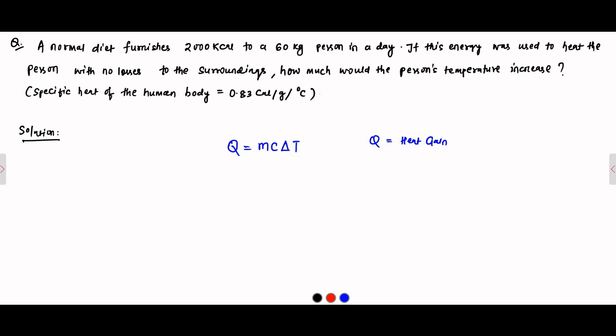Then C is the specific heat of the body, which according to the question is given 0.83 calorie per gram per degree Celsius.